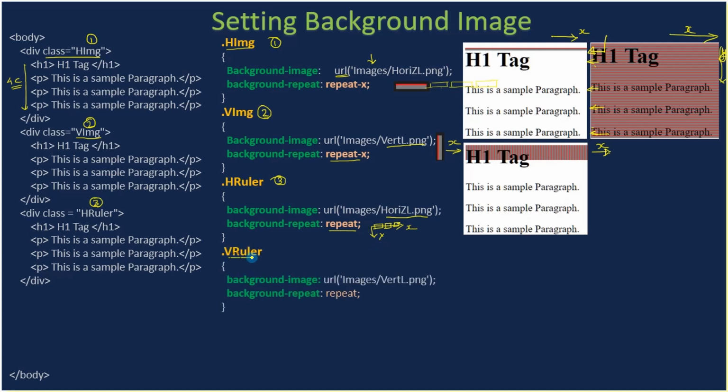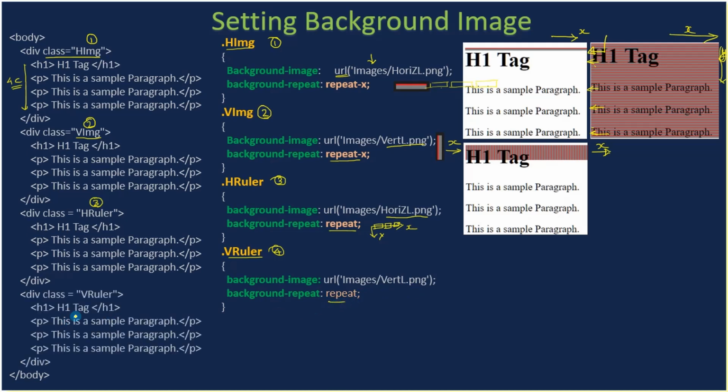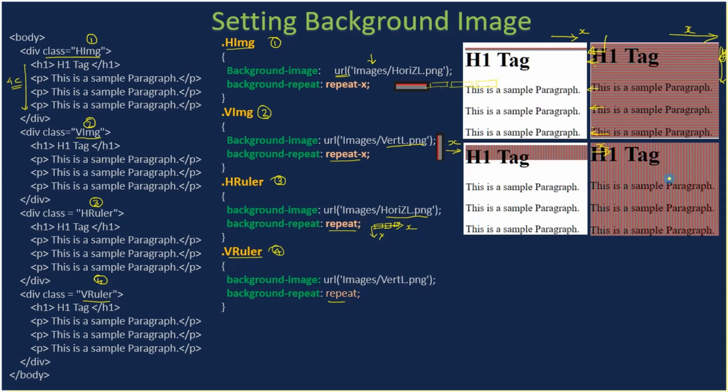Next, we use vruler. So we are using the vertical L image, and we are using the same repeat. We create one more div and apply this fourth rule here. And if you see, this time the vertical image is copied to the entire div tag.